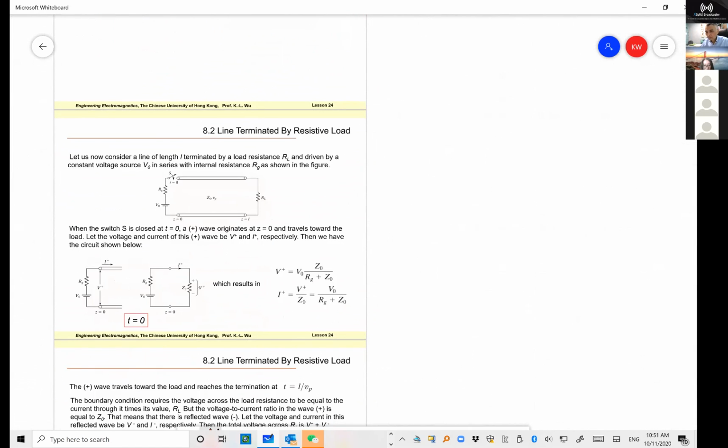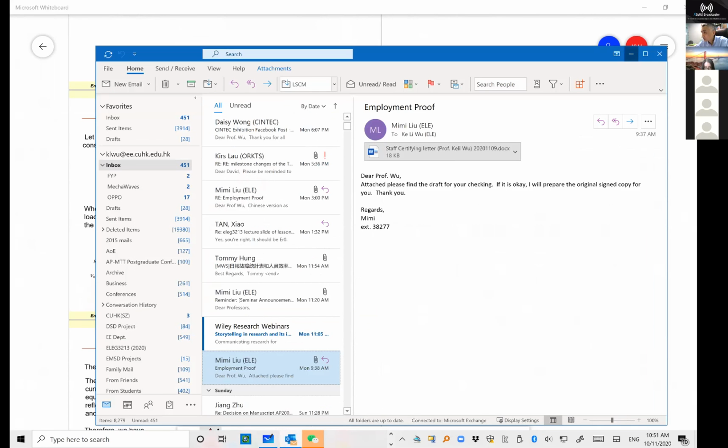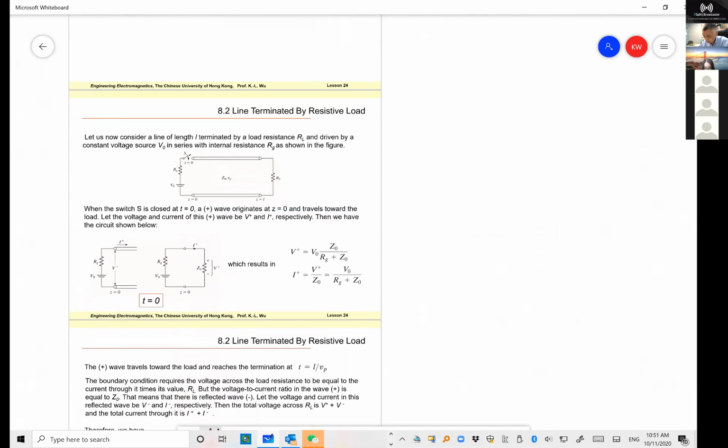Now we are talking about a very interesting problem. We have a transmission line with length L. Then we have intrinsic impedance Z sub 0, and also a speed of v.